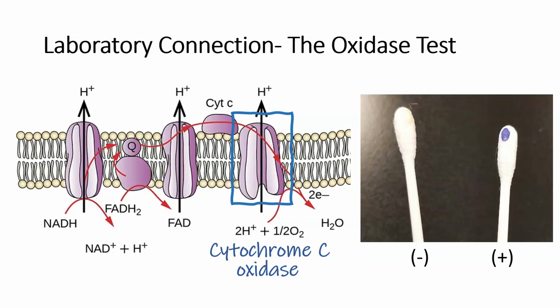So you can see in the image on the right that the first swab has bacteria on it that are oxidase negative, and the one on the right has bacteria on it that are oxidase positive. So this can be especially useful when we're characterizing organisms that are gram-negative rods.